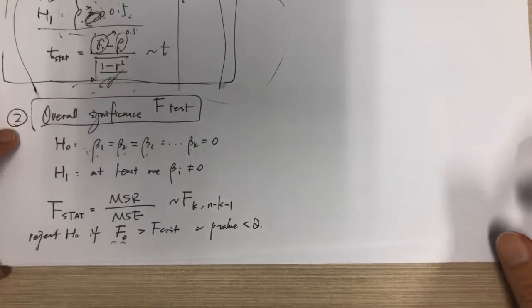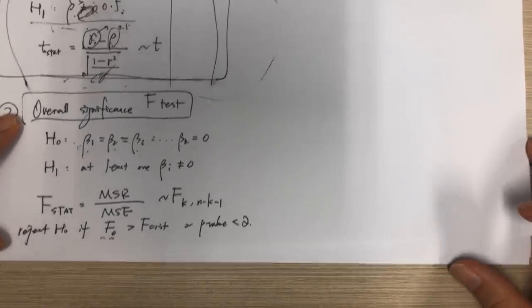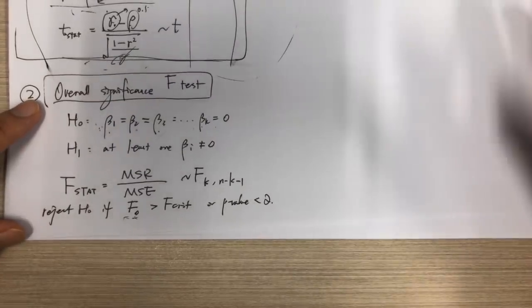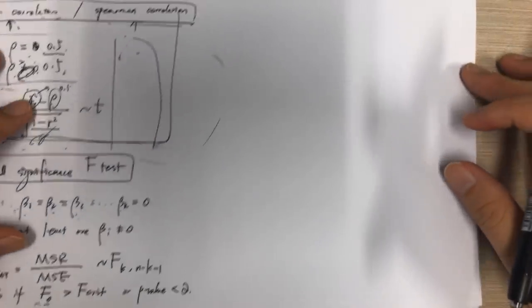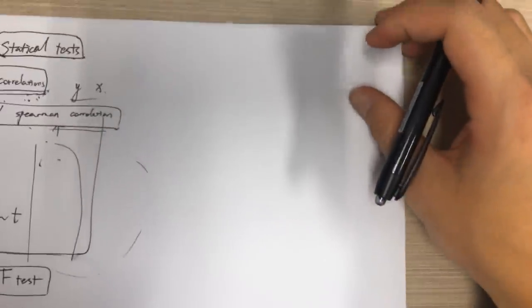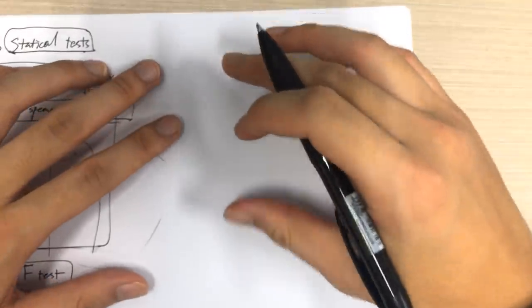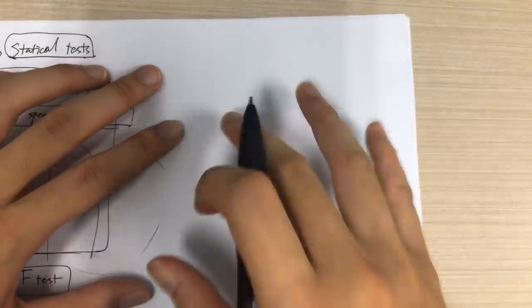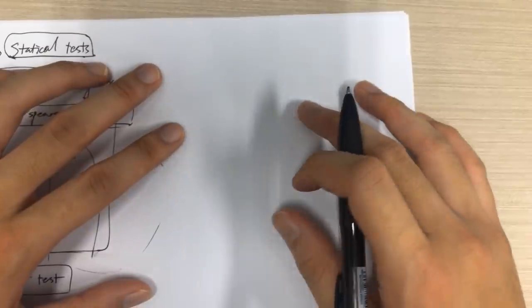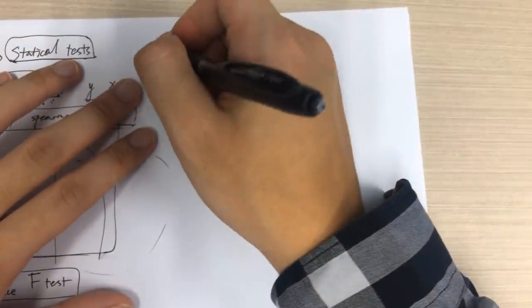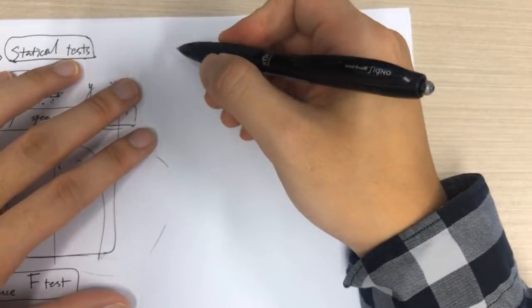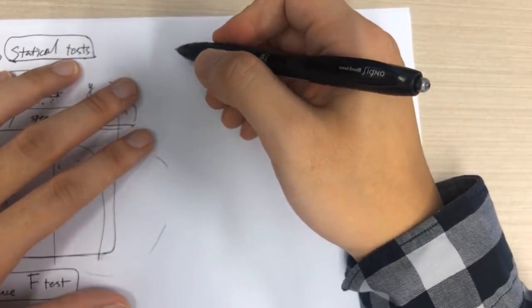All right, so when we talk about the overall significance F test, let's do a quick review together on the ANOVA table, because in that ANOVA table, you can be given some blanks and you're asked to fill in the blanks, right? Therefore, we need to be able to reconstruct the whole ANOVA table.